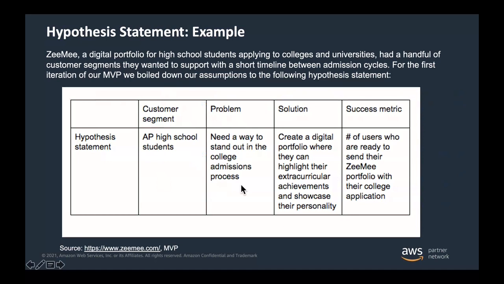Their problem is they need to find a way to really differentiate themselves in the college admissions process. The solution is a digital portfolio where they can highlight their extracurricular achievements and showcase their personality. And they measure success by the number of users who are ready to use and send their profile to college applications.